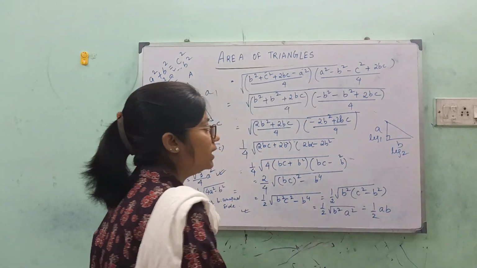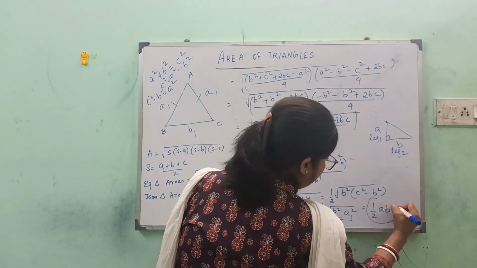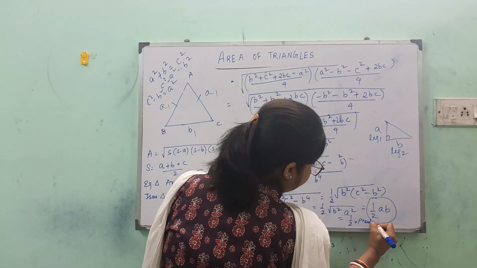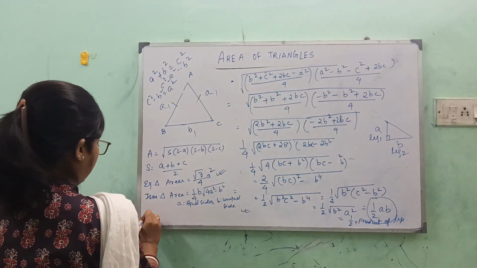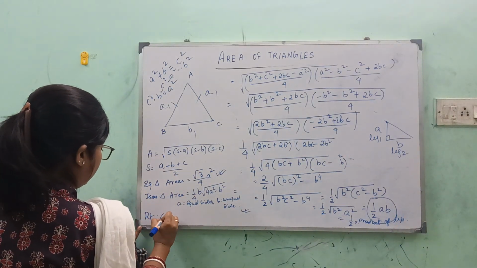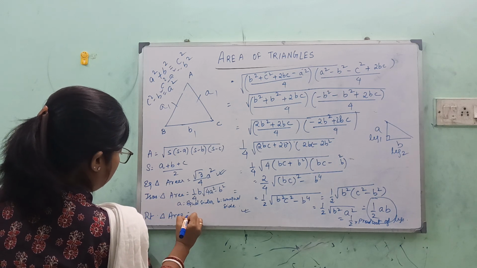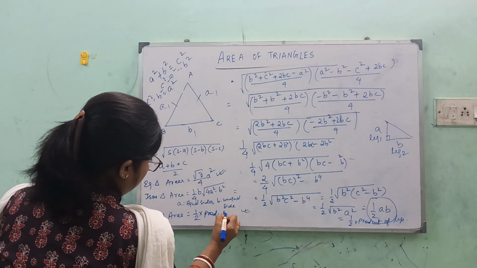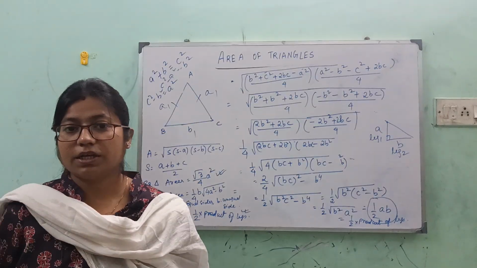Both the legs were a and b. So here is the formula. Half into a into b, that is half into product of legs. So area of right angle triangle will be half into product of legs.